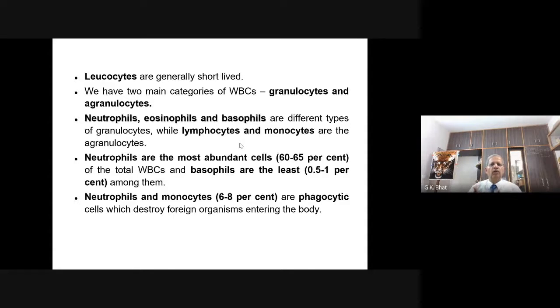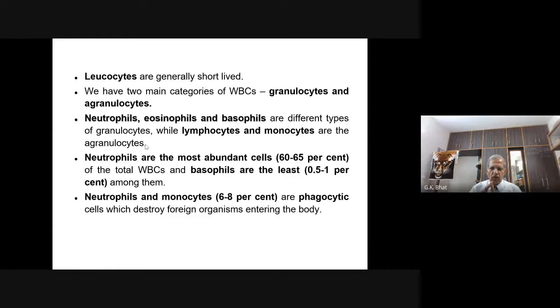And these granules take a different stain when we do differential staining of the leukocytes. Neutrophils, eosinophils or acidophils, and basophils are different types of granulocytes, while lymphocytes and monocytes are the agranulocytes.